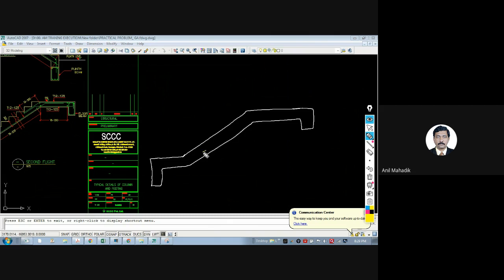It may happen that you will directly do like this, and here also I don't know whether you will put it like this or something. This is wrong detailing. There will be a crack over here.